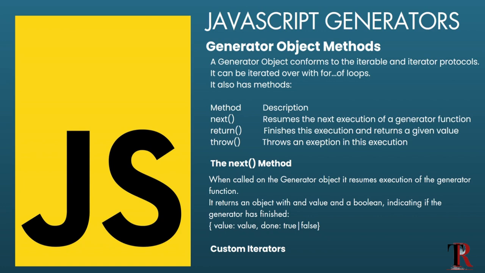As long as done is false, it will keep processing that function and keep getting the required values from your generator function. But once done is set to true, it will stop the iteration.